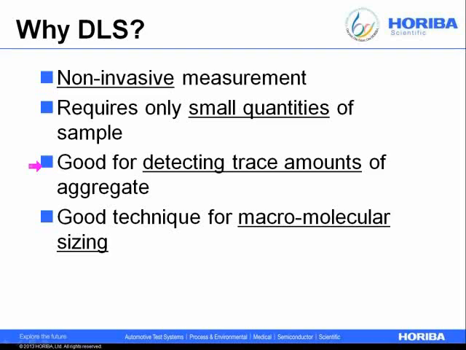So if you have a suspension of particles and you're concerned that some of your particles are beginning to aggregate and that aggregates will give you trouble, dynamic light scattering is a great way to find them. It's a good technique for looking at macromolecules. So you'll use it when you look at things like proteins or polymers.